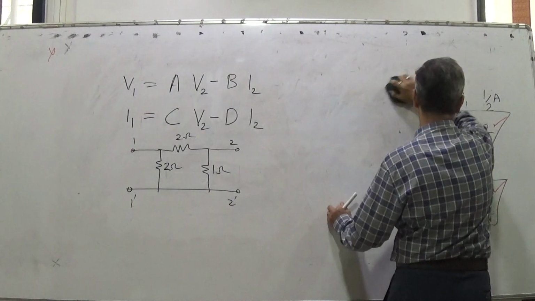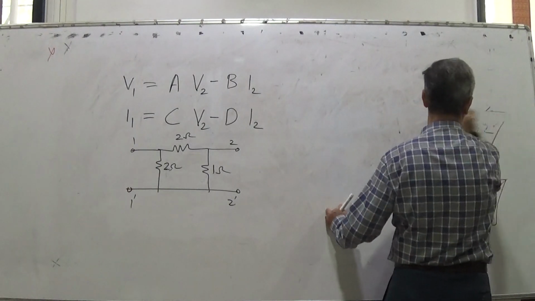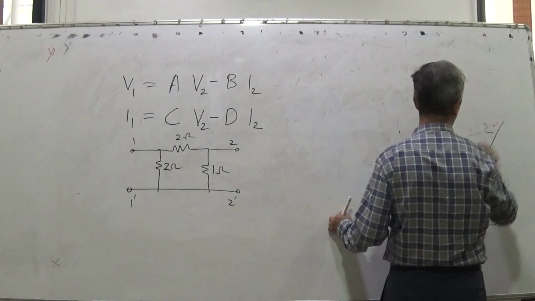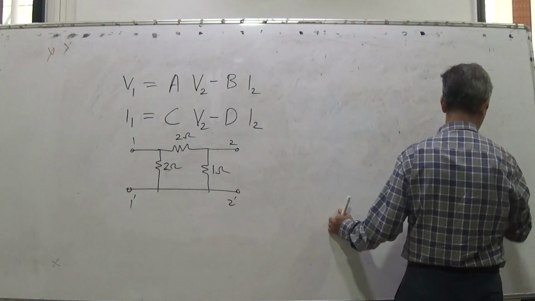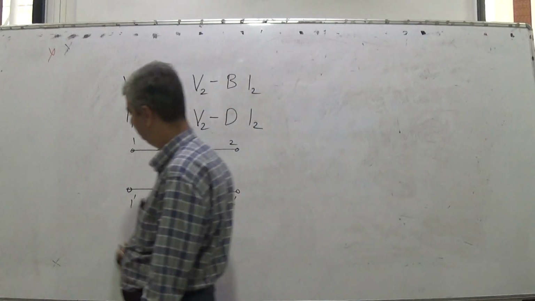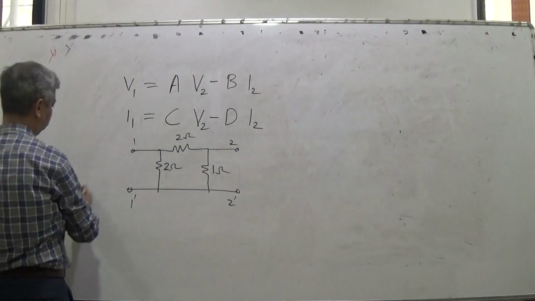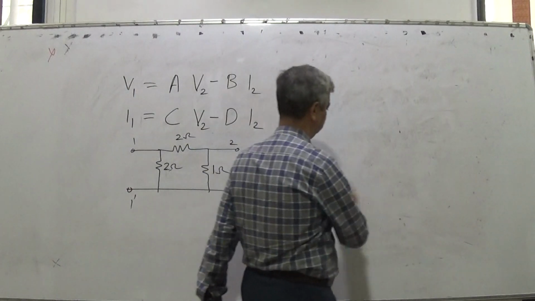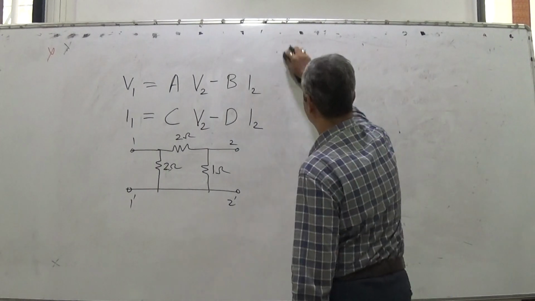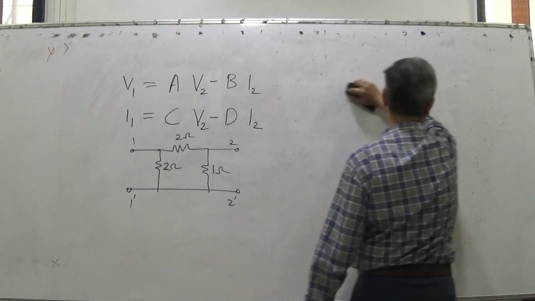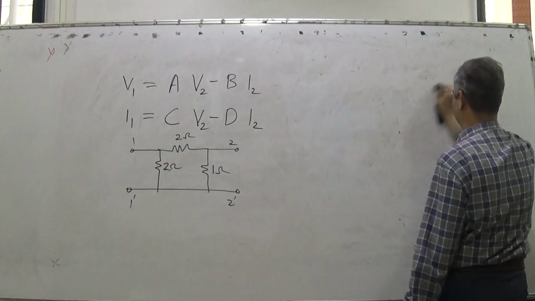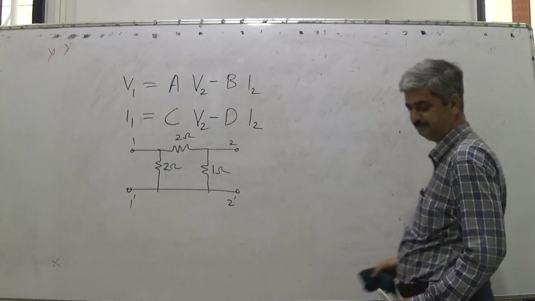In ABCD, Z parameters are all ohms, Y parameters are all mhos, and the h parameters are two unitless, one ohm, one mho. In ABCD also, two unitless, one ohm, one mho. You must know all four parameter set equations, all four parameter set values, and units of all four parameters.